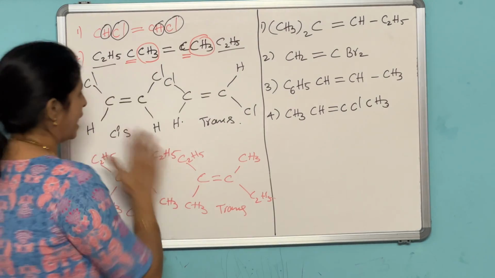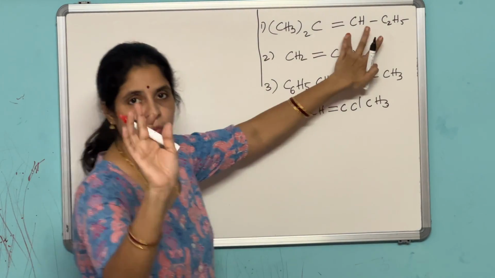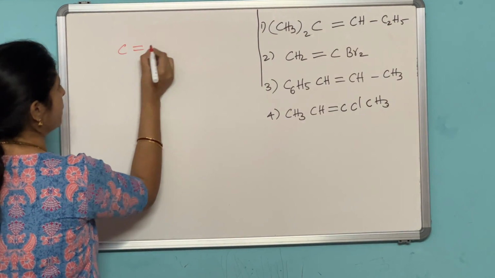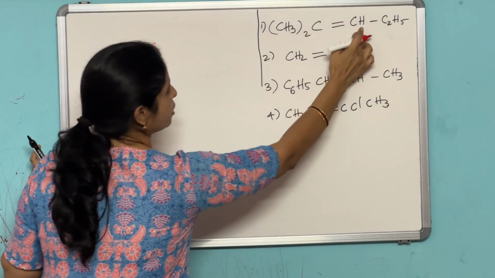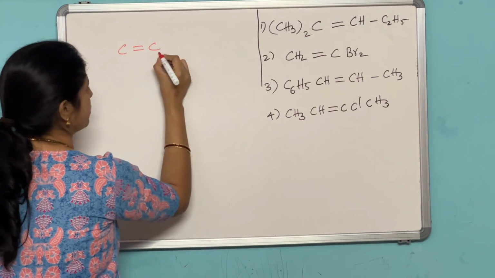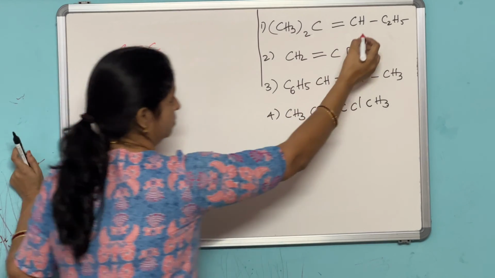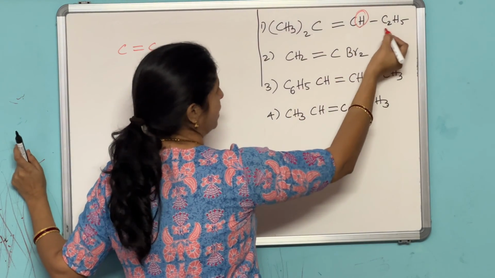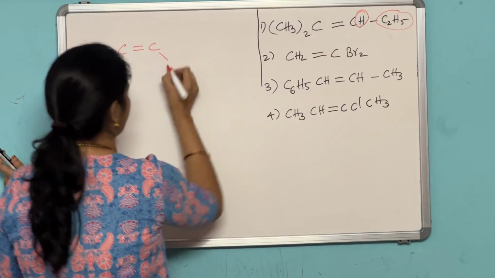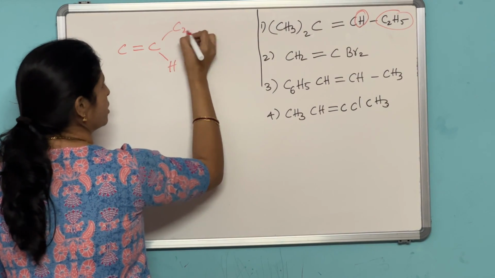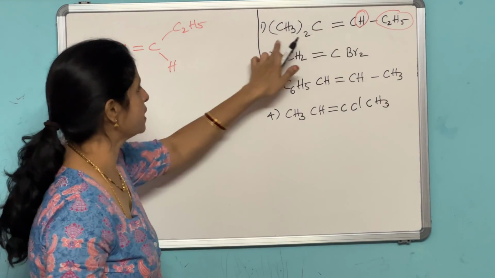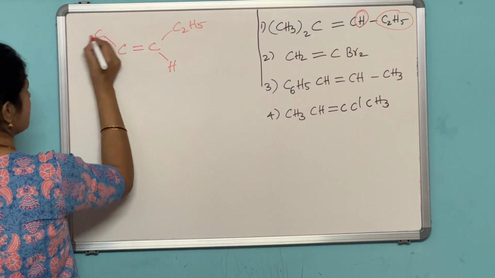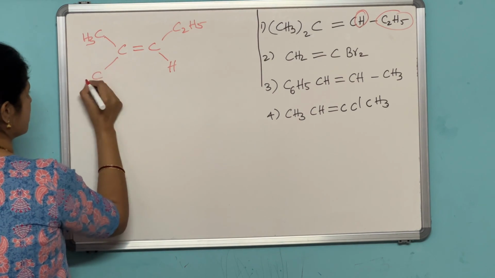Okay. Now, I'll clear this one. One double bond you write. Carbon, double bond. So here what is the group present here? It is hydrogen, and hydrogen and C2H5 to this carbon atom. So hydrogen, C2H5. Here two methyl groups are there, CH3, CH3.